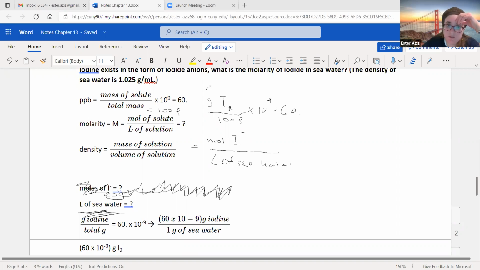Now if we solve for grams of iodine, we get that that's equal to 60 times 100 grams divided by 10 to the 9th.